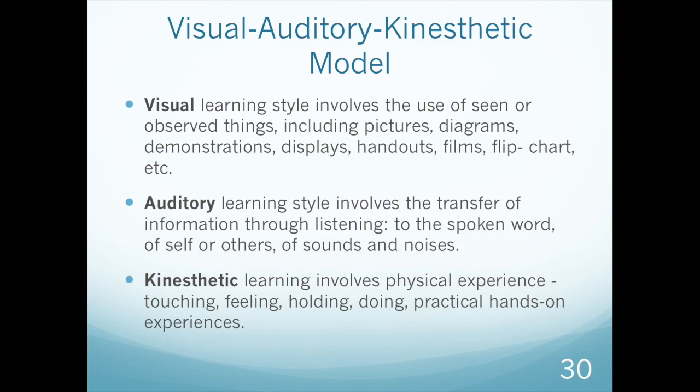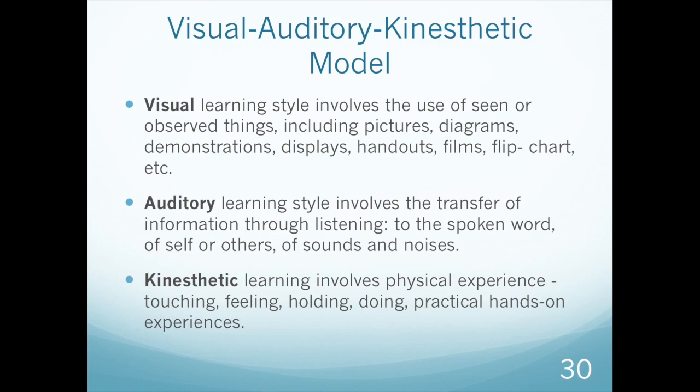Now going to slide 30 with the distinction between visual, auditory, and kinesthetic. So visual means that this learning style involves the use of seen or observed things, including pictures, diagrams, demonstrations, etc. So it is highly emphasizing the role of the visual in communicating information for learners of languages and to tap on their preferences for visual learning.